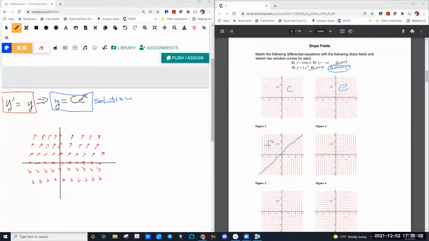But notice that y is in the denominator here. When y is 0, we should get undefined slopes. So we should get vertical lines along the x-axis, but it looks like it's horizontal along the x-axis. So which slope field looks like it has vertical lines along the x-axis?